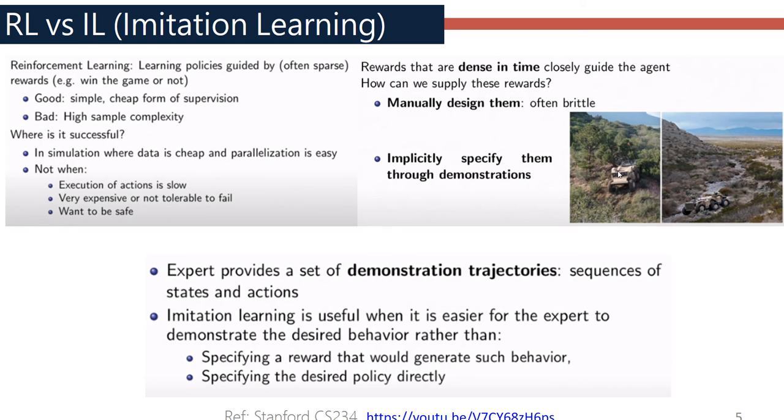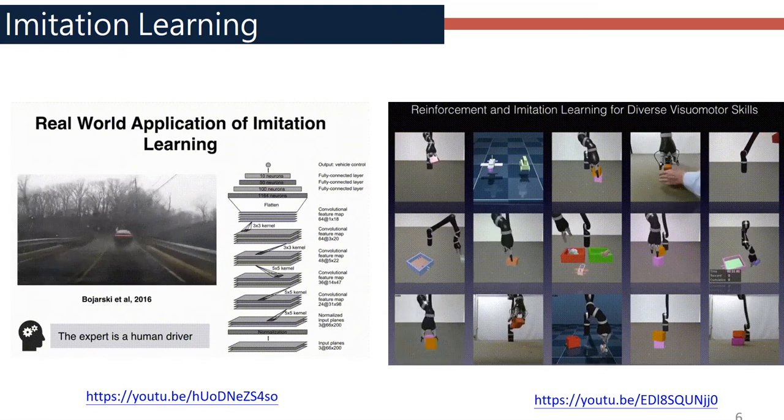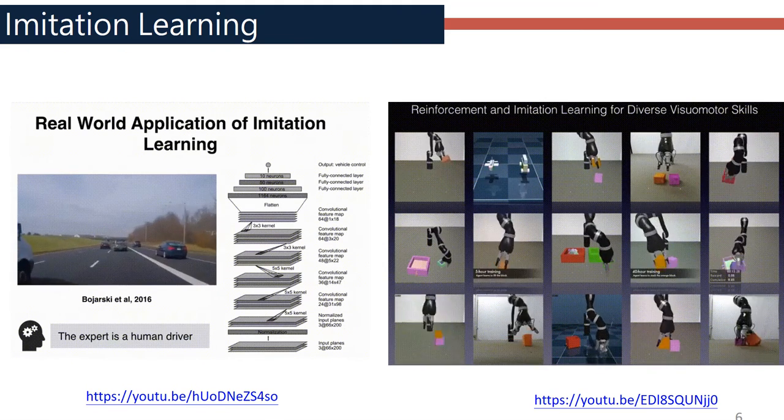For example, if the car wants to drive on a cliff, if your reward is not designed properly, the car may fall.